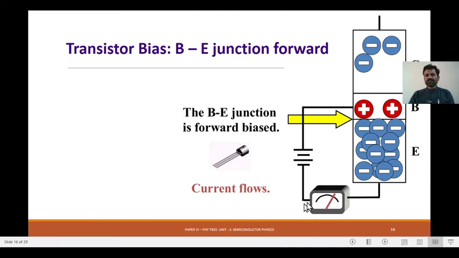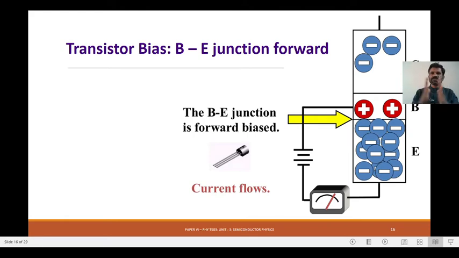that a large amount of current is flowing here, because the external voltage that has been connected will drive the current. Positive to positive, negative to negative, across a junction there is a repulsion. Because of repulsion, the depletion width will get reduced.